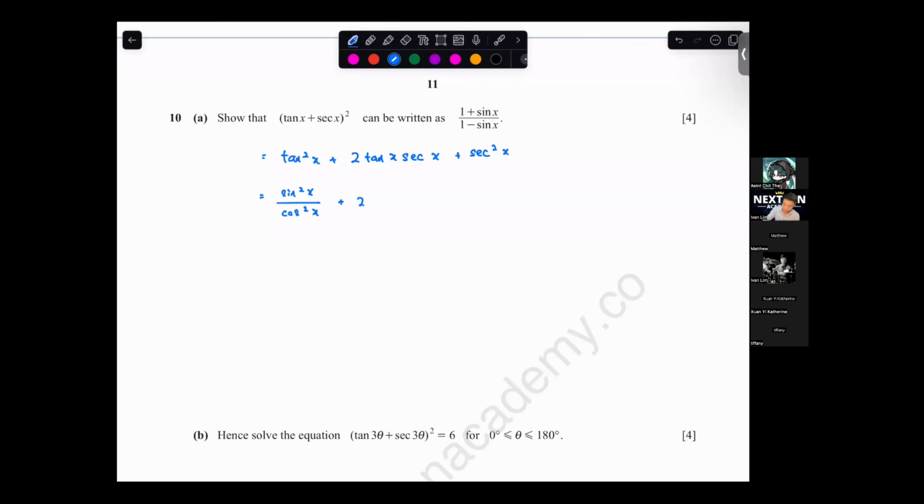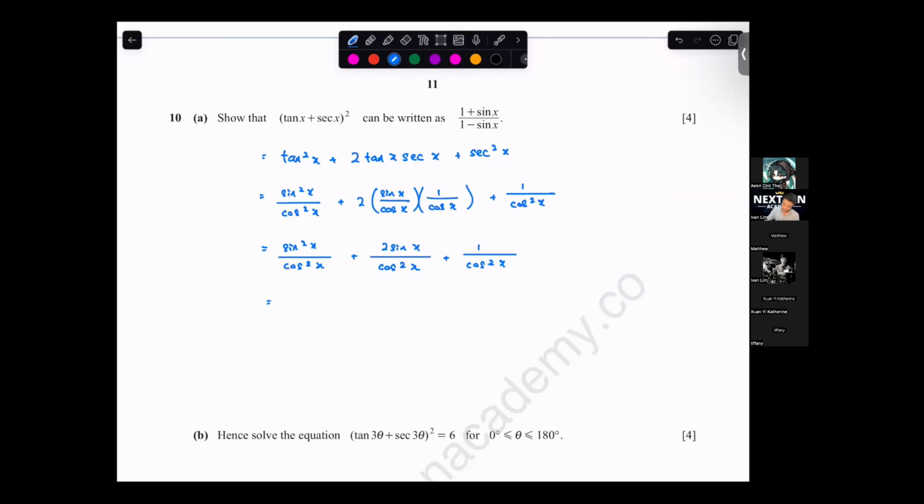And here 2 sine x over cos x times 1 over cos x, plus 1 over cos squared x. Simplify this, we see all the bottom part is cos squared x: sine squared x over cos squared x, plus 2 sine x over cos squared x, plus 1 over cos squared x.